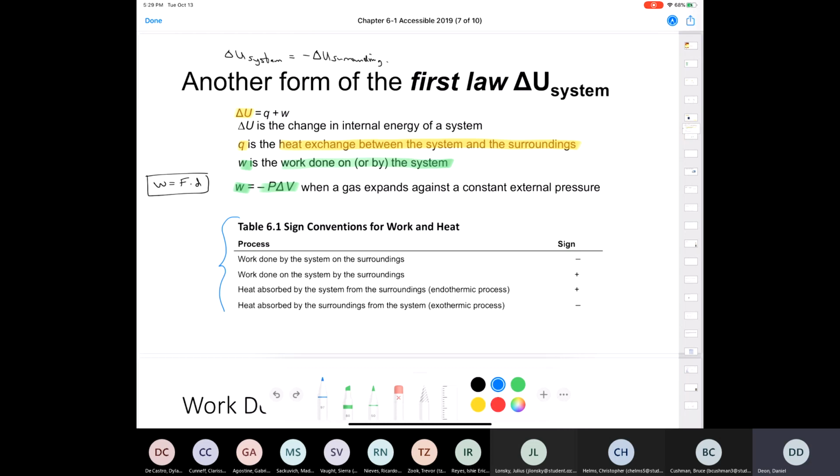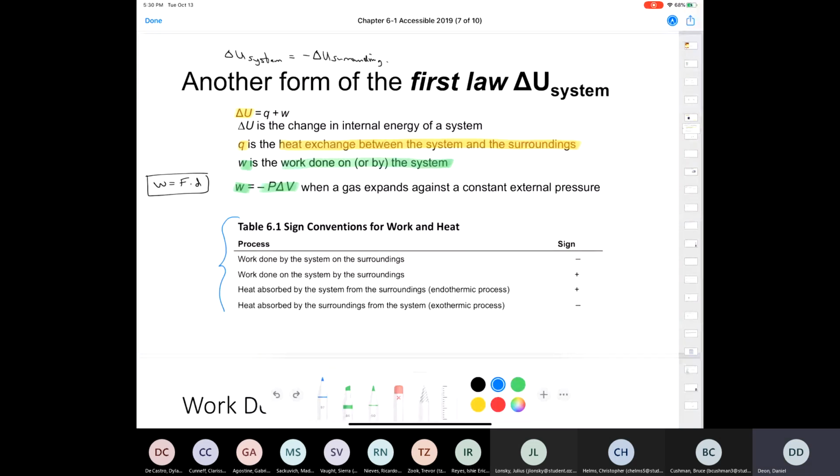If a chemical reaction produces a gas, let's say you do a reaction and it produces a whole bunch of gas, well, that gas is going to do some work against the surroundings, right? The gas is going to expand into the surroundings. And so it's doing some work against those surroundings, which are at a constant pressure, because most chemical reactions are done at constant pressure. Well, if the work is done by the system on the surroundings, it gets a negative sign.